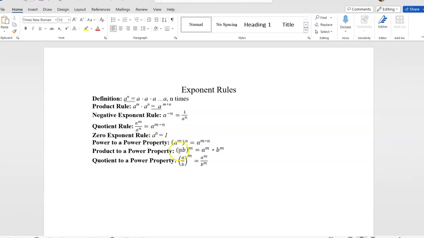Then this one here, you can see I have two things in here. So I have a product, so this could be 2x, xy, one exponent. This is saying I can divvy them back up. I can take them apart if I want, which often can be useful depending on what you're doing. Because sometimes, especially if a or b, whatever, is a number, I can often actually calculate that number and get rid of that piece of it.